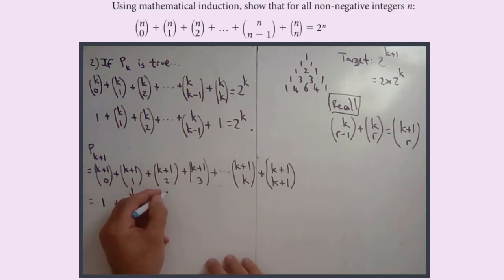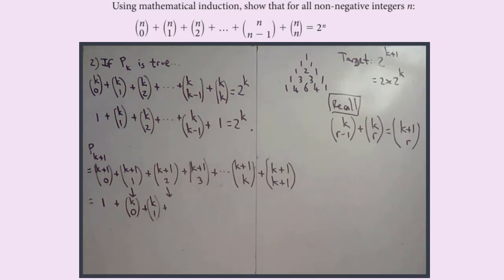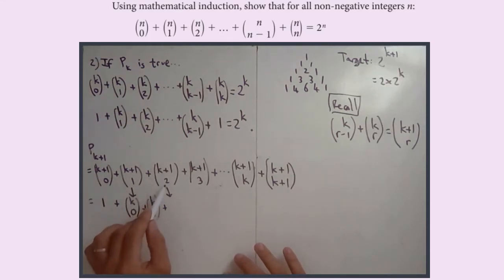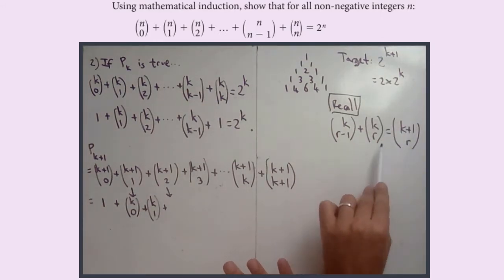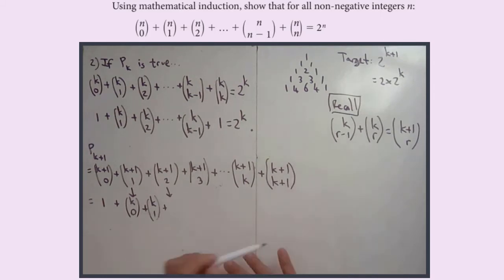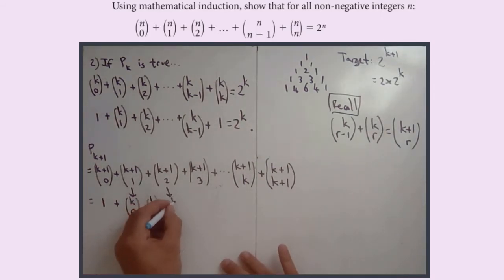Okay, so now if we do something similar to this, plus, and then here we're going to have (k+1)C2. So (k+1)C2 is going to be kC1 plus kC2.